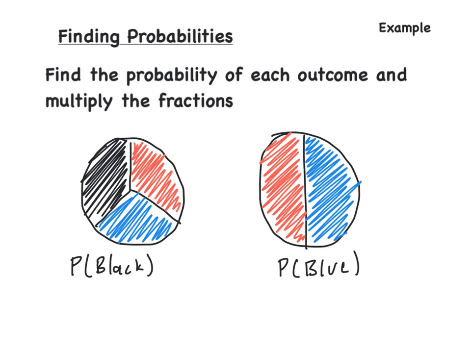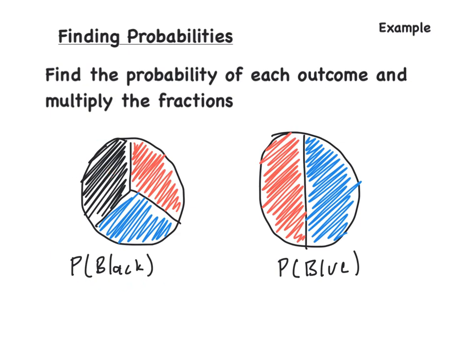What I want to do is I want to find the probability of the first spinner landing on black and the second spinner landing on blue. To find the probability of this happening, all you have to do, find the probability of each outcome and multiply the fractions.